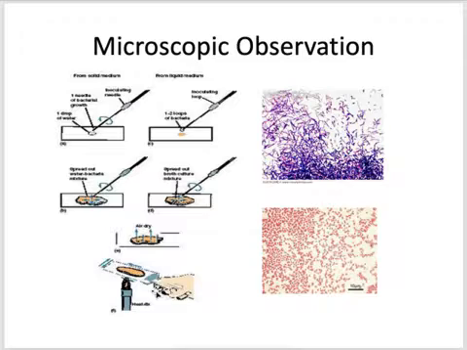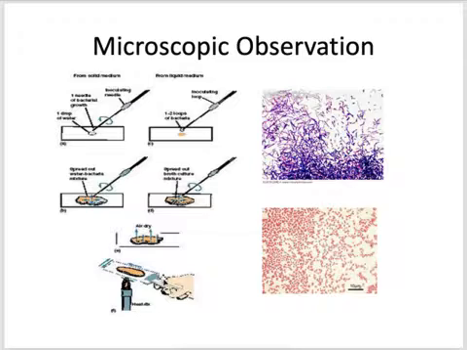It will be very difficult to see anything. So we fix the bacteria onto a glass slide, and now we have to color the bacteria. We know color, right? Coloring means, as we all know, we color with color pencils. There are some methods by which we can color our bacteria. A very basic method is called gram staining.